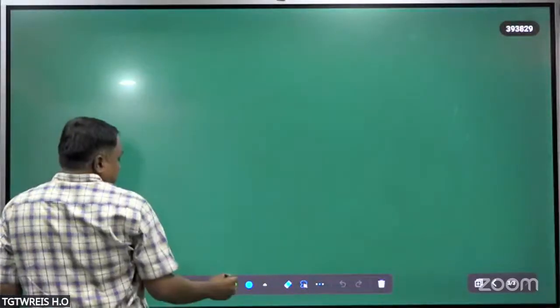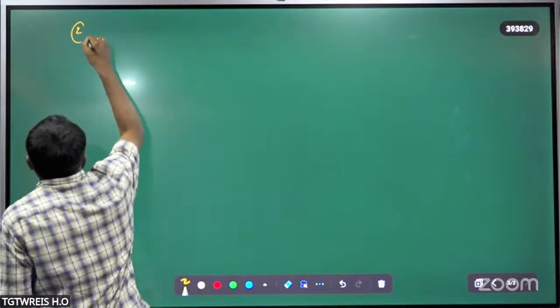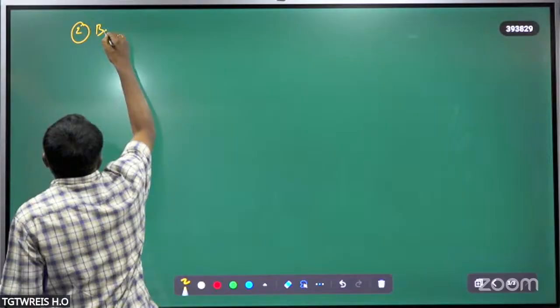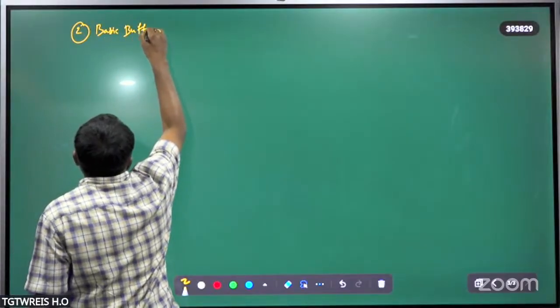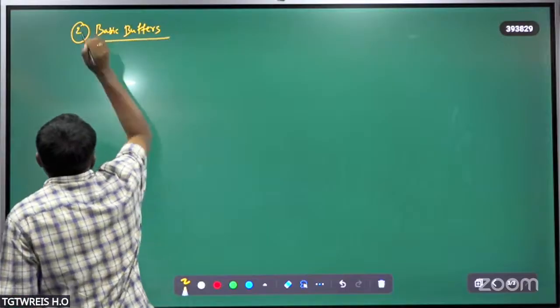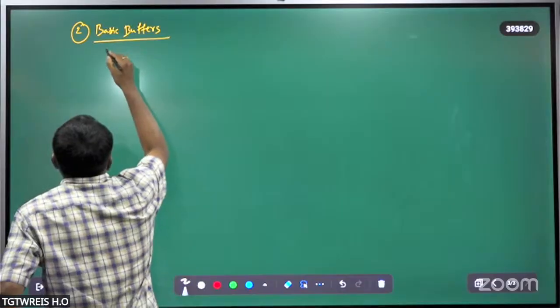Second, it is basic buffers. So what are basic buffers? This is the second type of buffers now.